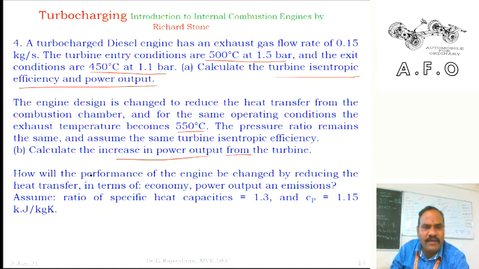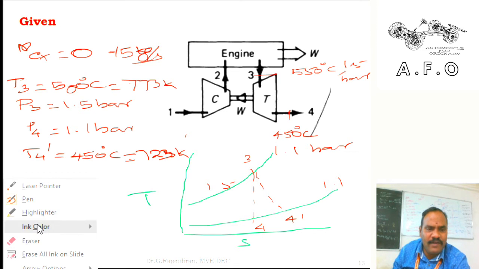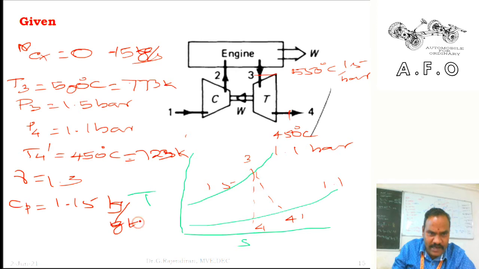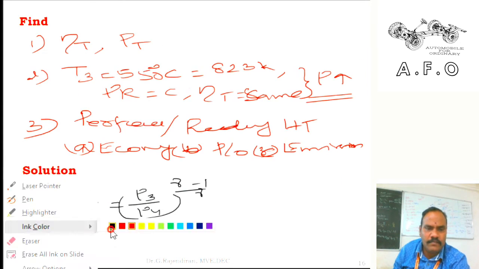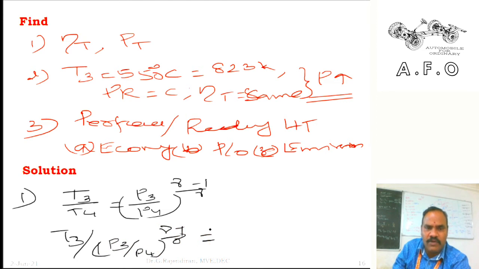They gave gamma equal to 1.3 and Cp equal to 1.15 kilojoule per kg Kelvin. So T3 divided by P3 by P4 whole to the power gamma minus 1 by gamma is equal to T4.